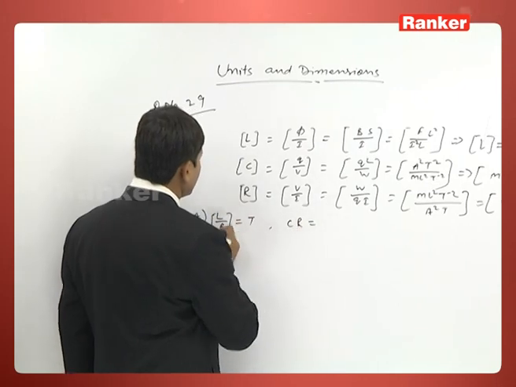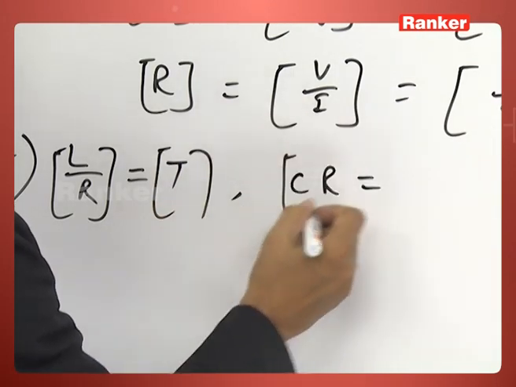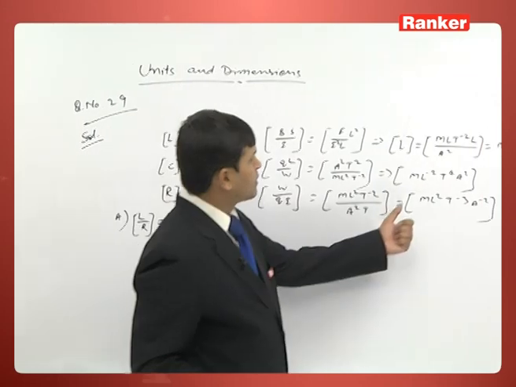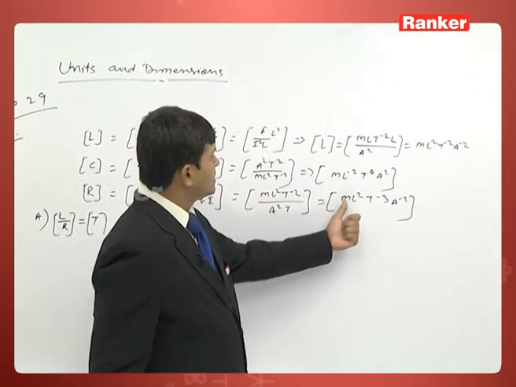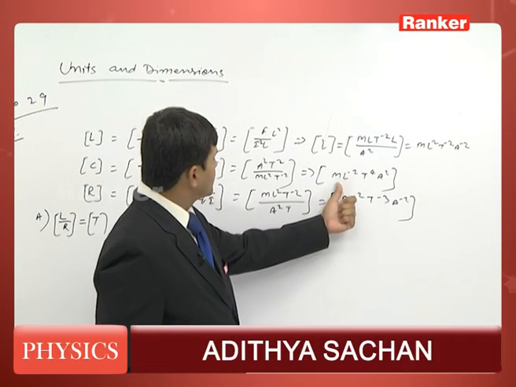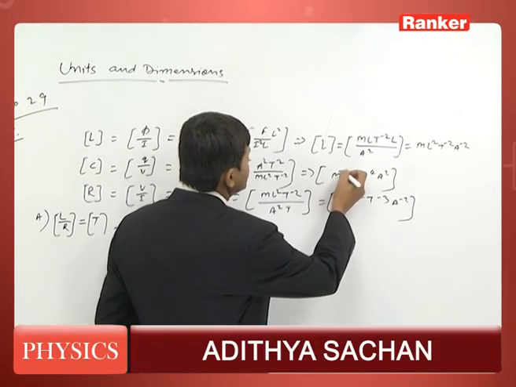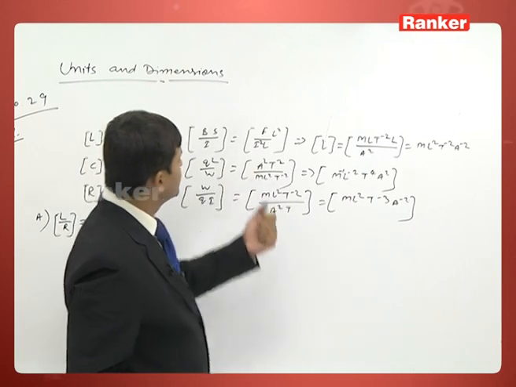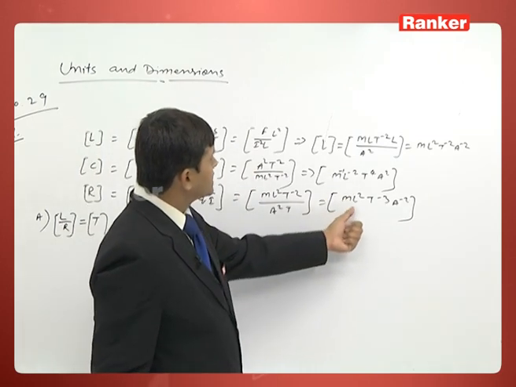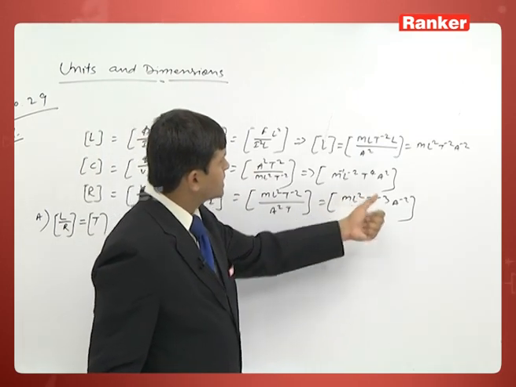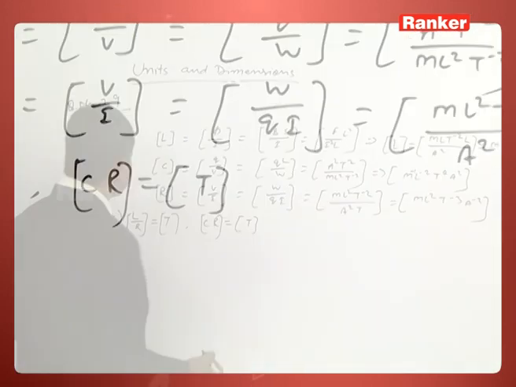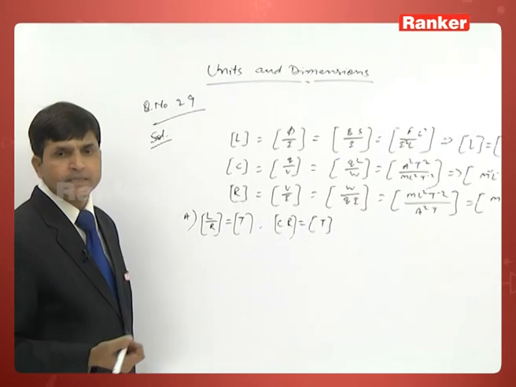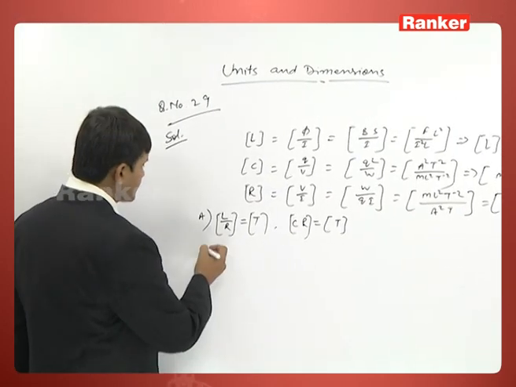See the dimension of CR, the product of R into C. M cancels, the other M comes in the denominator, this also cancels, and only T is left. So these have the same dimension. So A is one option that is correct.